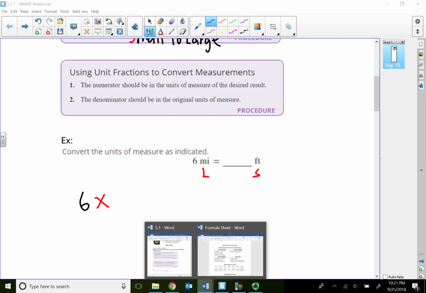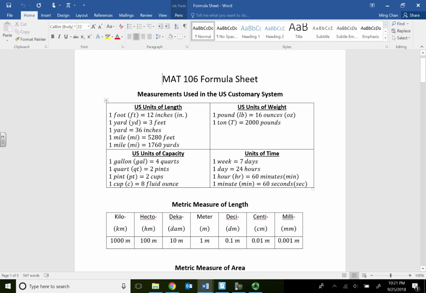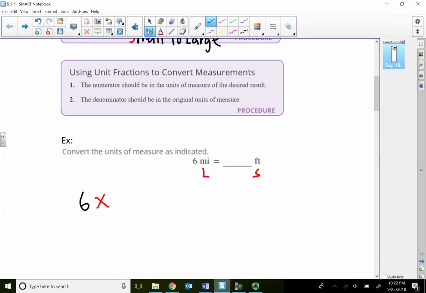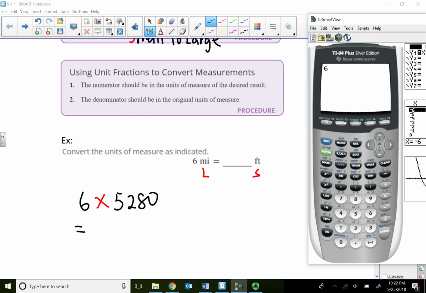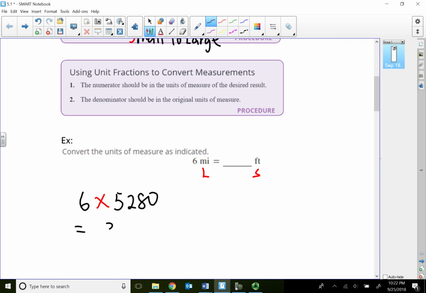On the formula sheet, miles and feet are lengths, so look between mile and feet. 1 mile is 5,280 feet, so that's what we multiply. 6 times 5,280. So 6 miles is how many feet? 31,680 feet.